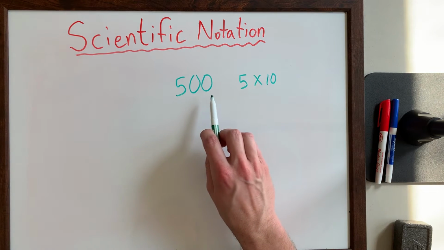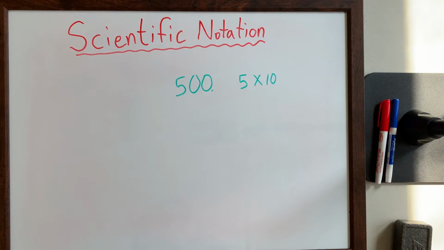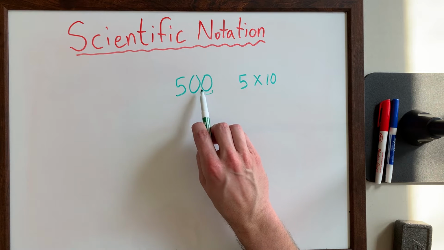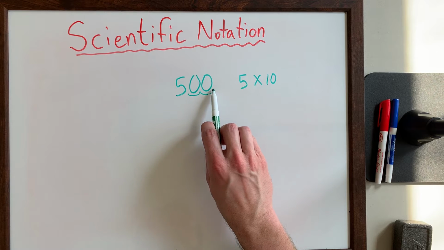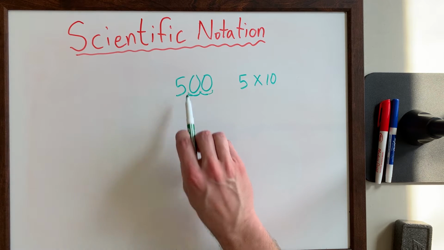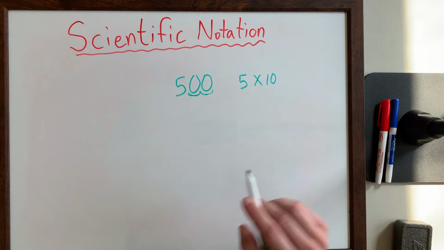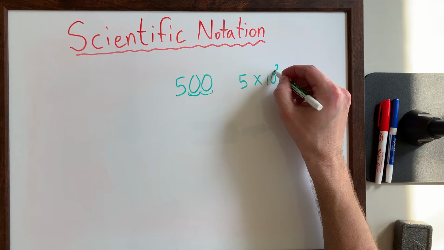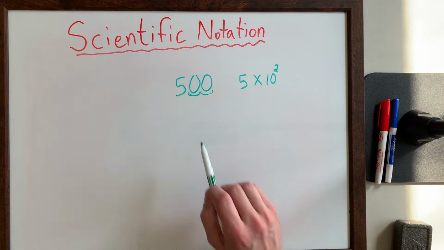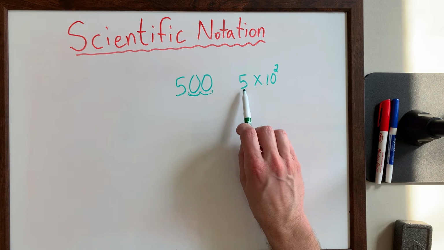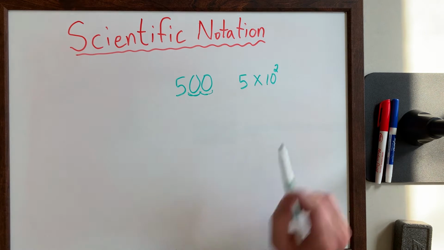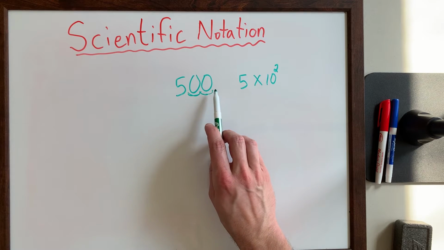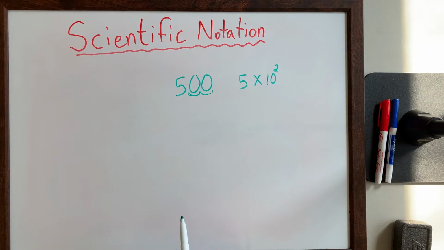Well, what we're going to do is look at the decimal point and say, if I move the decimal point back 2 spaces, one from here to here, and one from here to here, that's 2 spaces. And so this is going to be a positive 2. I took the number 500 and I rewrote it with a smaller 5 times 10 to the second power. The 2 comes from the number of places that I moved the decimal.